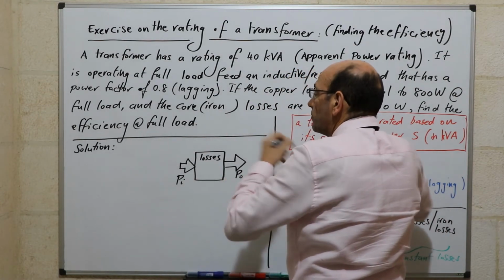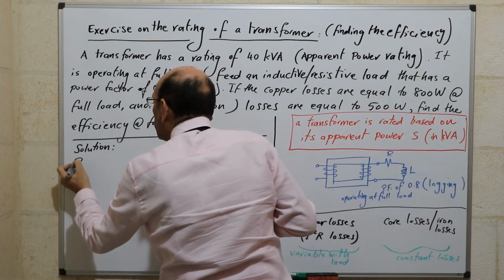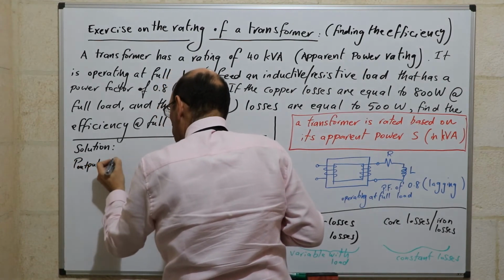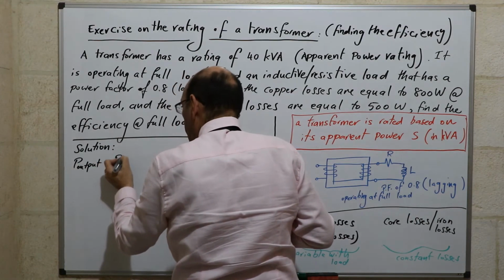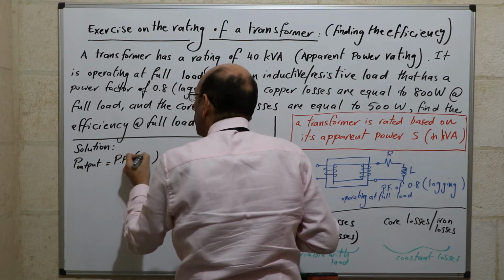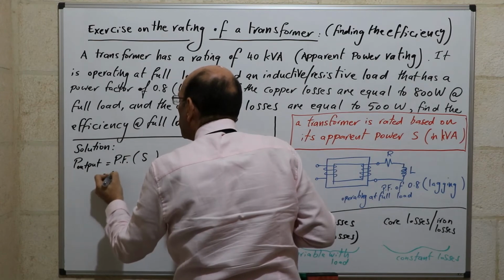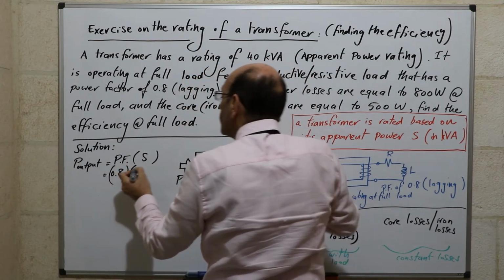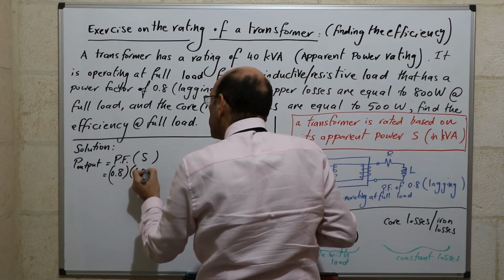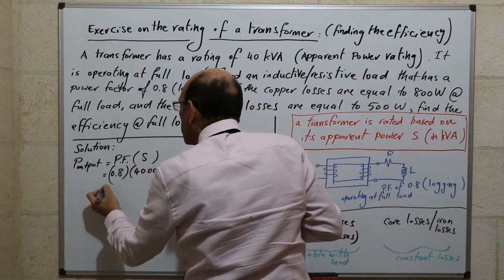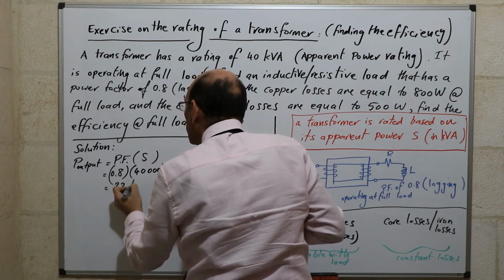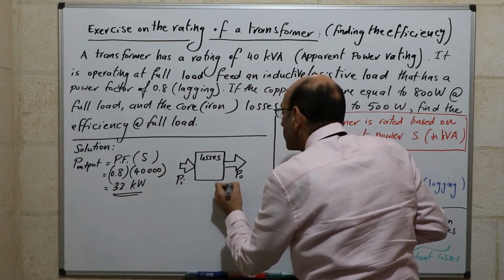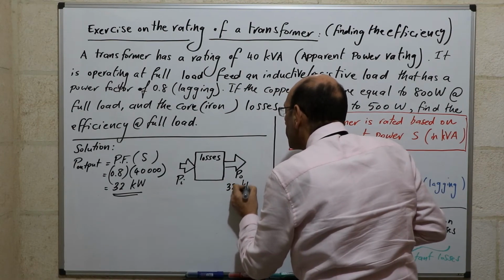So the way we would proceed is to find the output power. The output power is equal to the power factor multiplied by the apparent power, which is 0.8 times 40 kVA, and that gives us 32 kilowatts. That's the output power that's fed to the load.